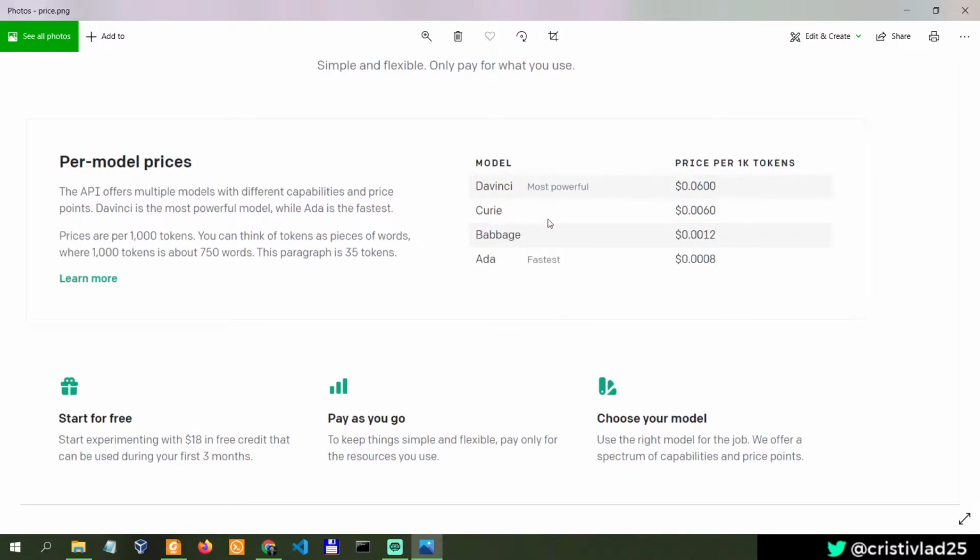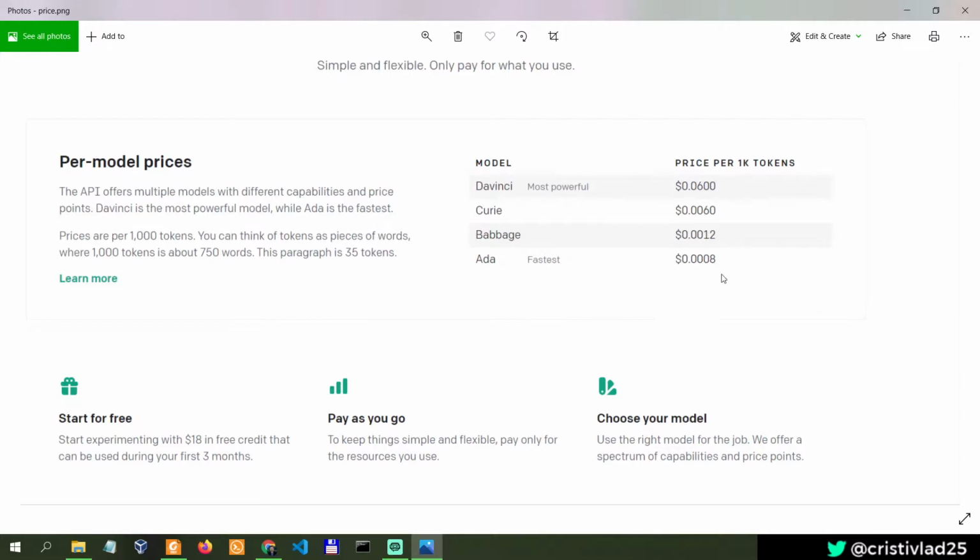Da Vinci, then you have Curie, which is 10 times less expensive than Da Vinci. Then you have Babbage, which is 5 times less expensive than Curie and 50 times less expensive than Da Vinci.